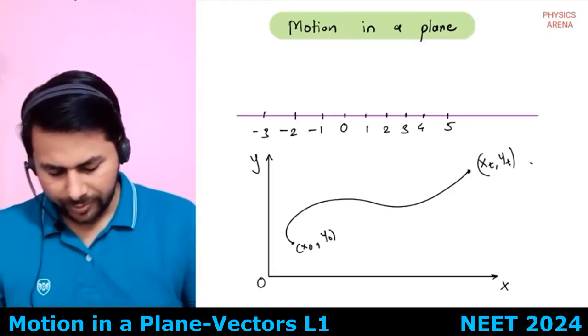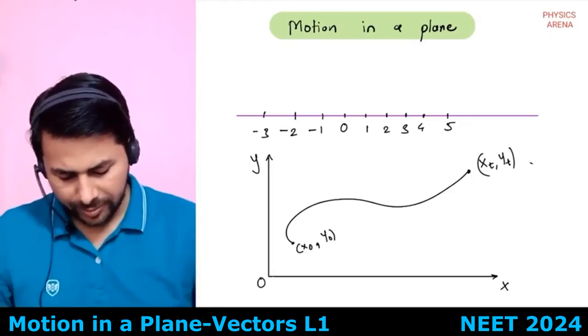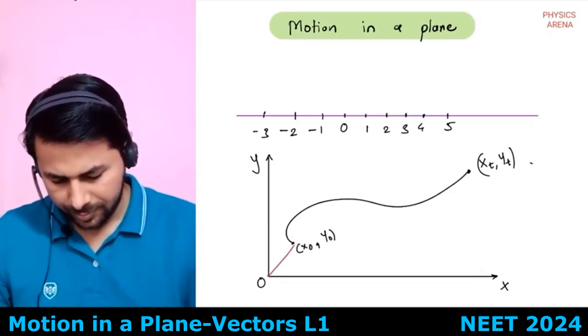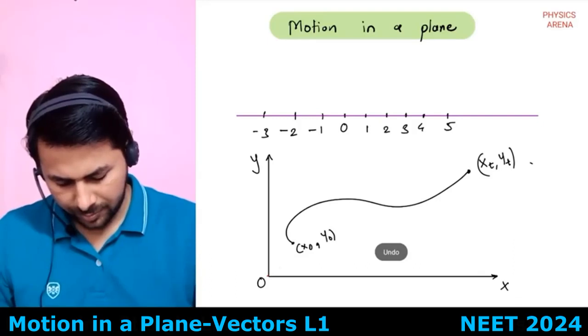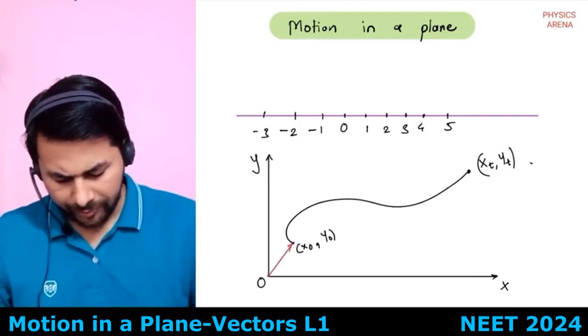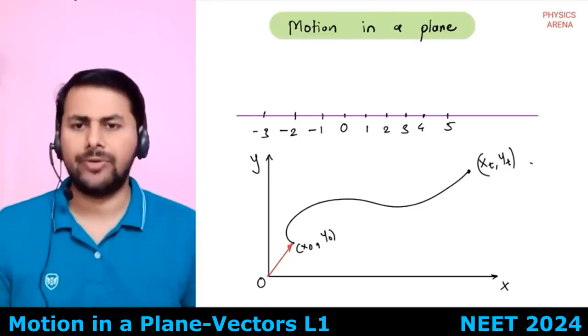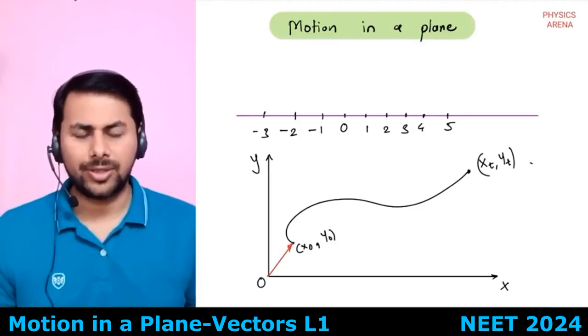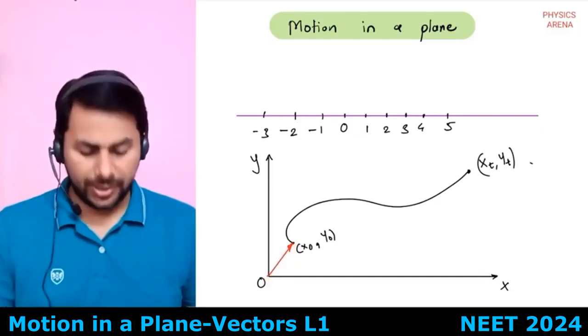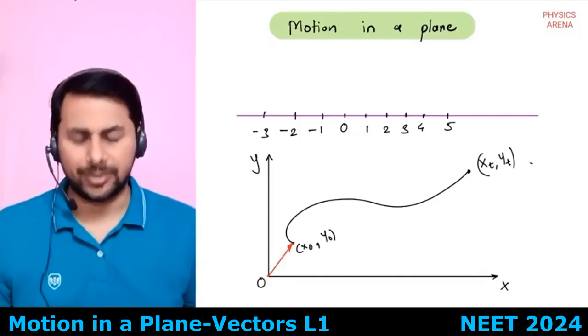So what we do is we join the origin with the position of the object, and we call this the position vector. We draw an arrow from the origin to the position of the object and call this the position vector.